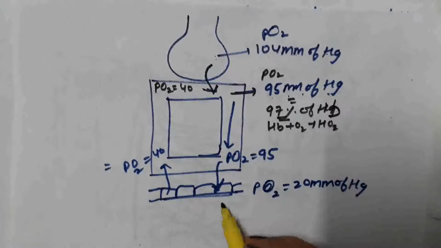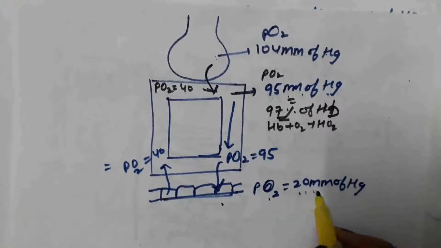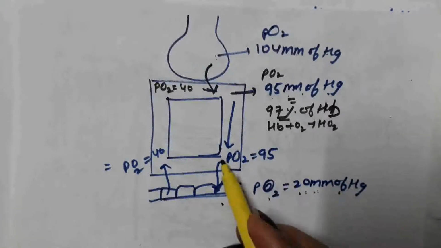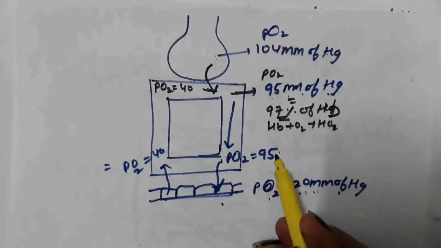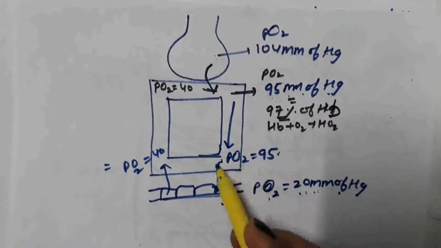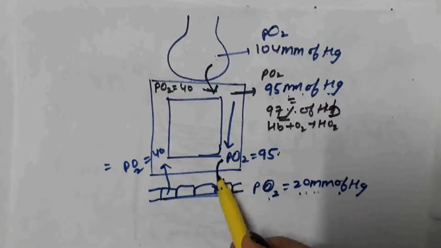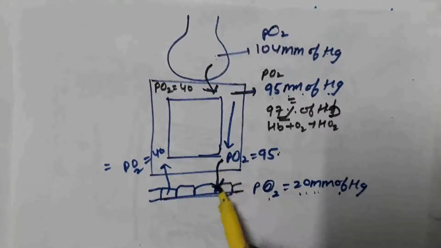At the tissue level, the partial pressure of oxygen is equal to 20 mm of mercury. In oxygenated blood, the partial pressure of oxygen is 95 mm of mercury. So oxygen transport takes place from blood to tissue level.